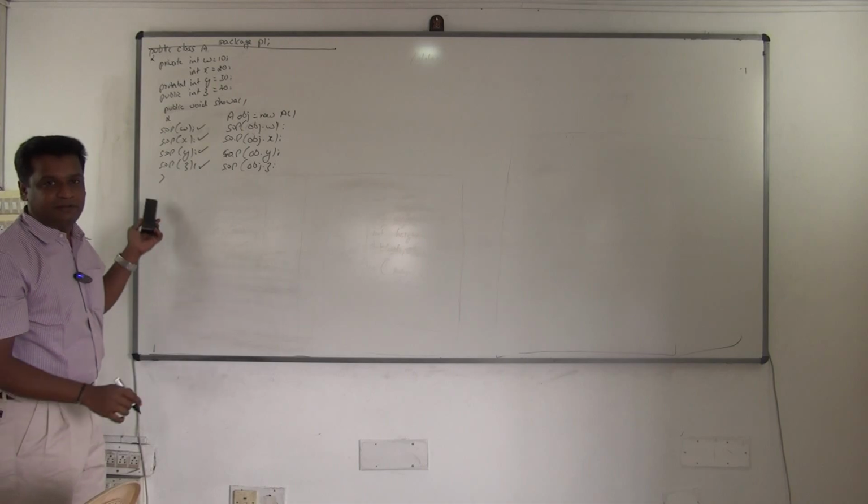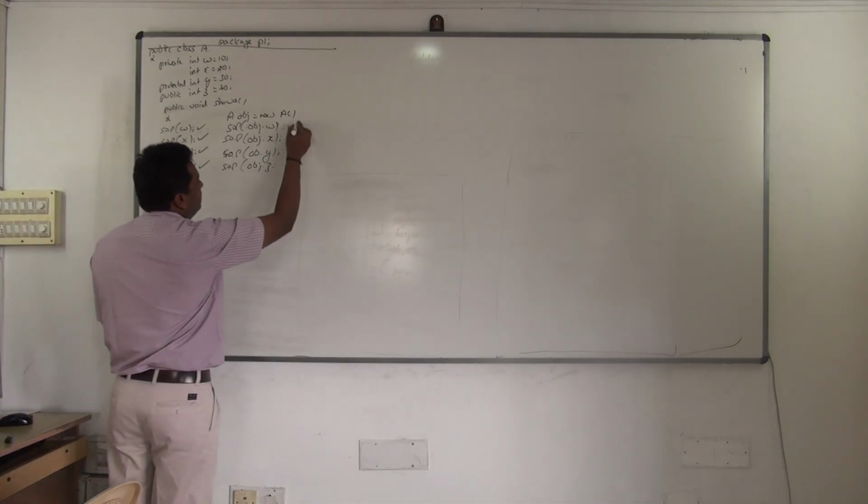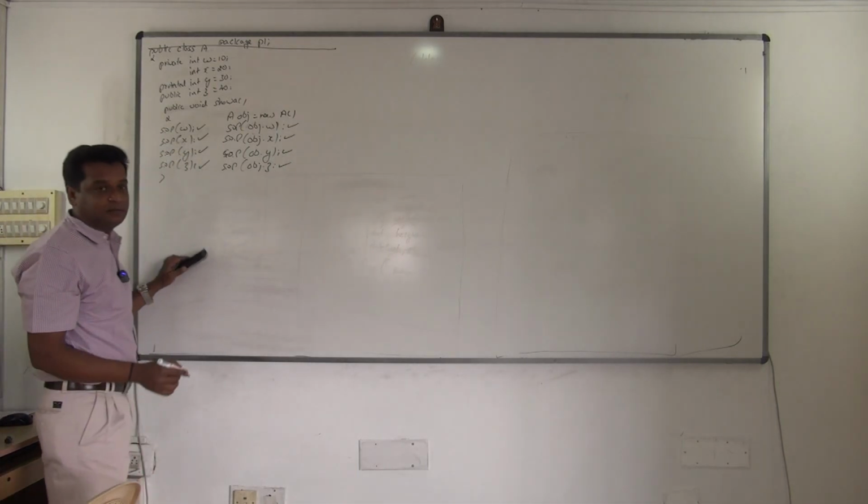Which method? Show A. Don't get confused. Okay. So now see, these are also accessible, no doubt. Fine.